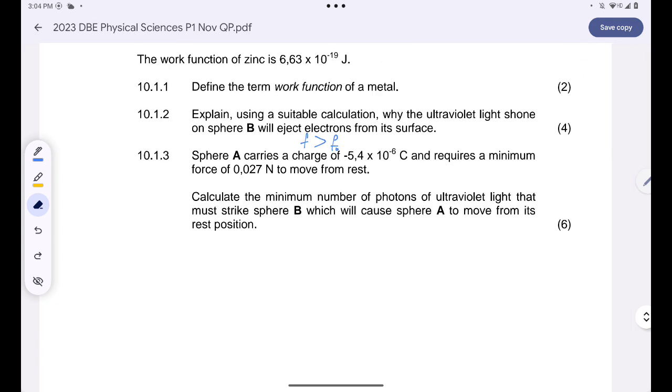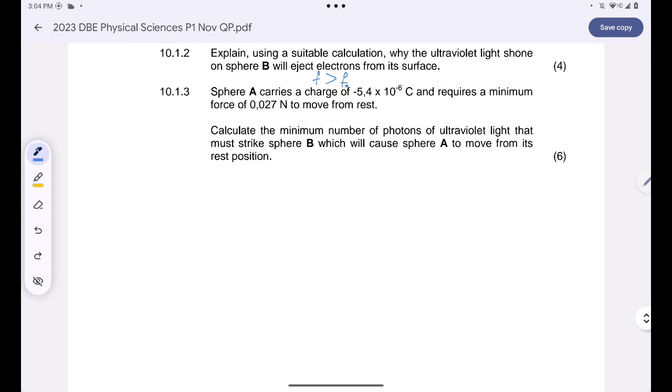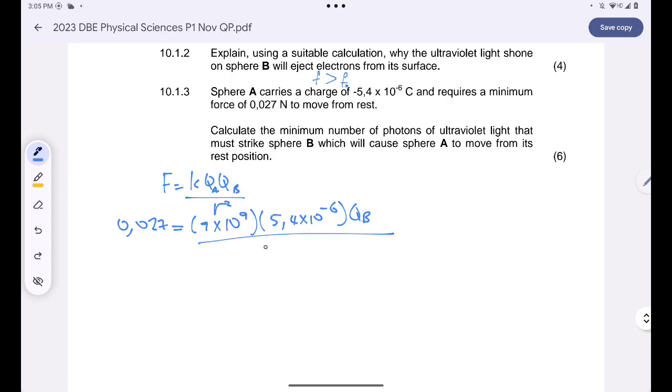So I have 2 point charges, so I can simply resort to Coulomb's law. F equals k Q_A Q_B all over r squared. The force is 0.02. k is 9 times 10 to the power 9, and the charge on A is 5.4 times 10 to the power negative 6. I want to find out the charge on B. The distance apart is simply 0.1, all squared.